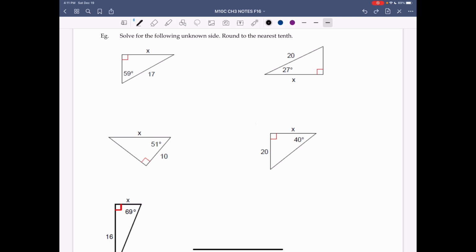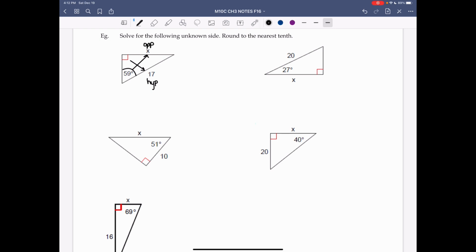So we want to label the side that we have and the side that we want. 17 is across from the right angle. That makes it the hypotenuse. And x is opposite the given angle. So it's the opposite side.